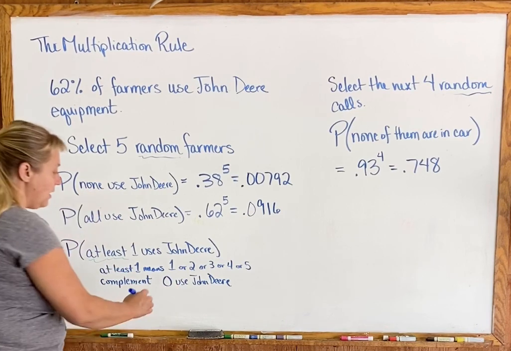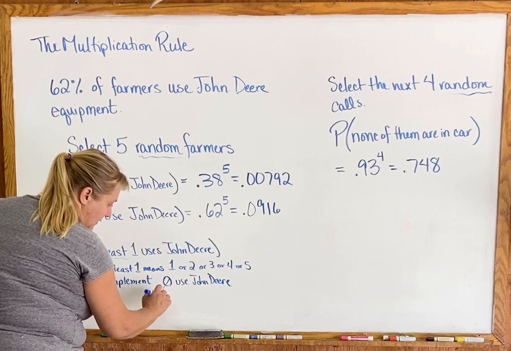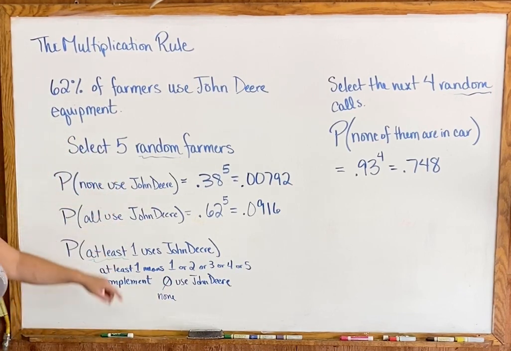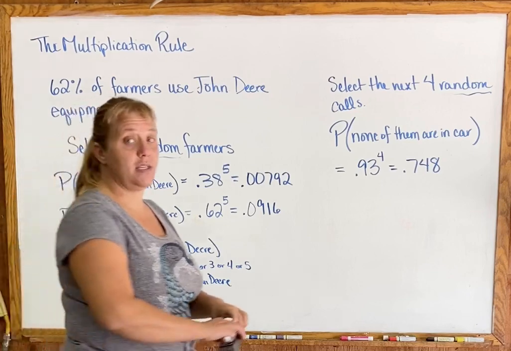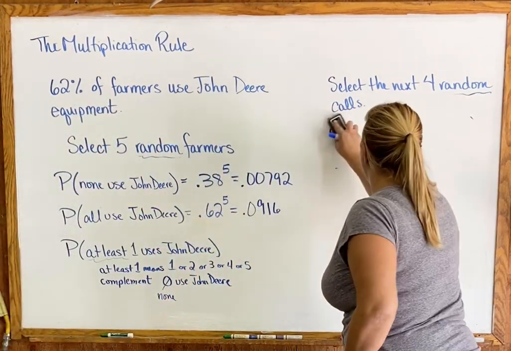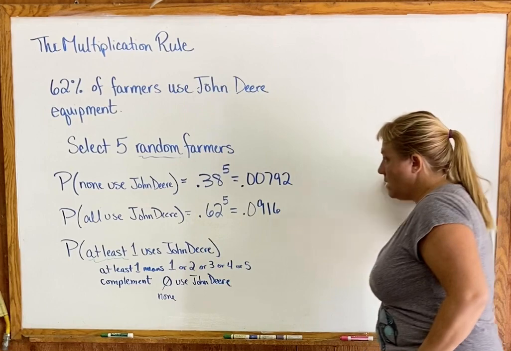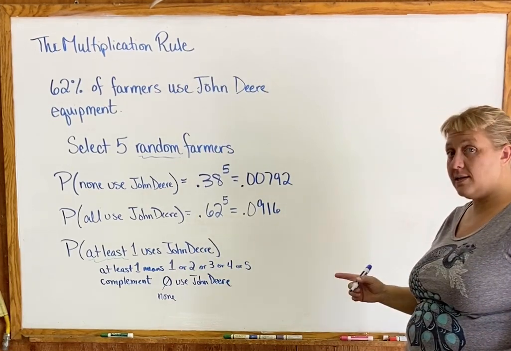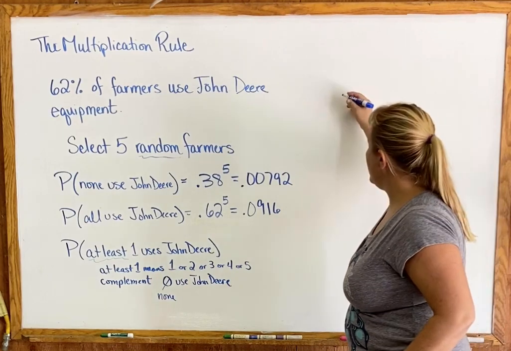None. So this could be said saying none. And do we already know the probability that none of these 5 use John Deere? We do, don't we? So this is going to be easier if we do this.